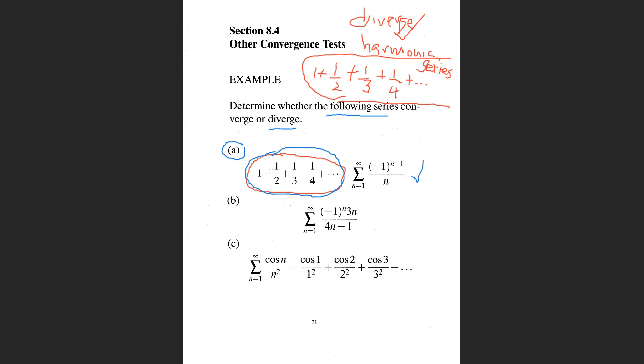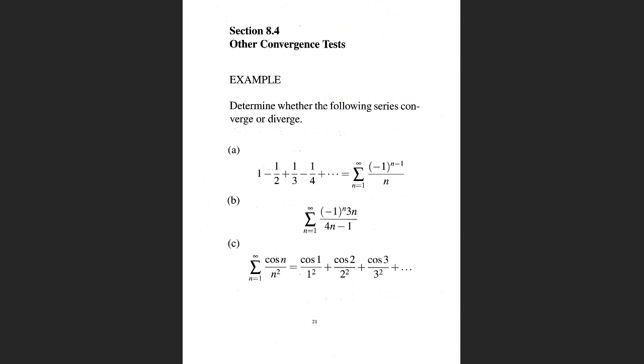The question is, the fact that half the terms are negative, does that help the series to converge? And the answer is yes. So let's go to the solution for A here. We'll do this one at a time.